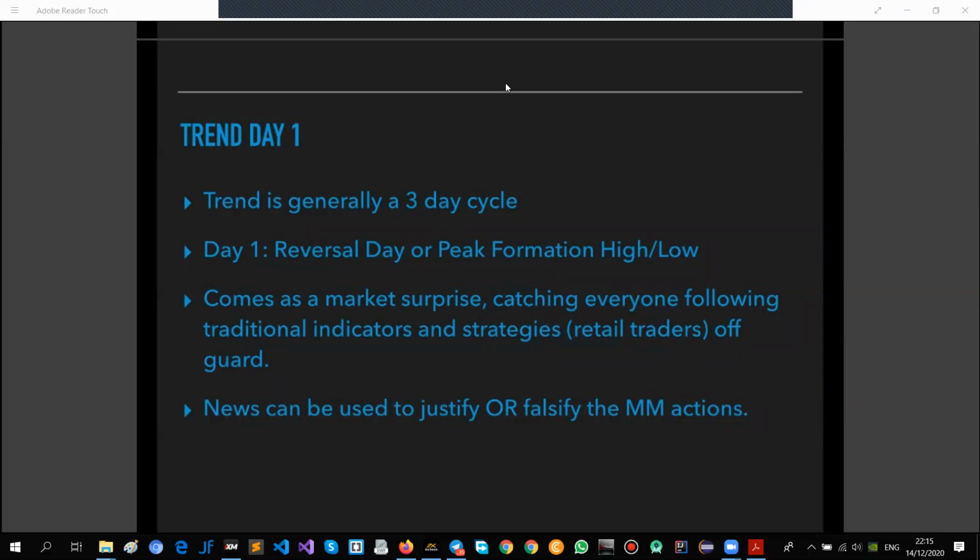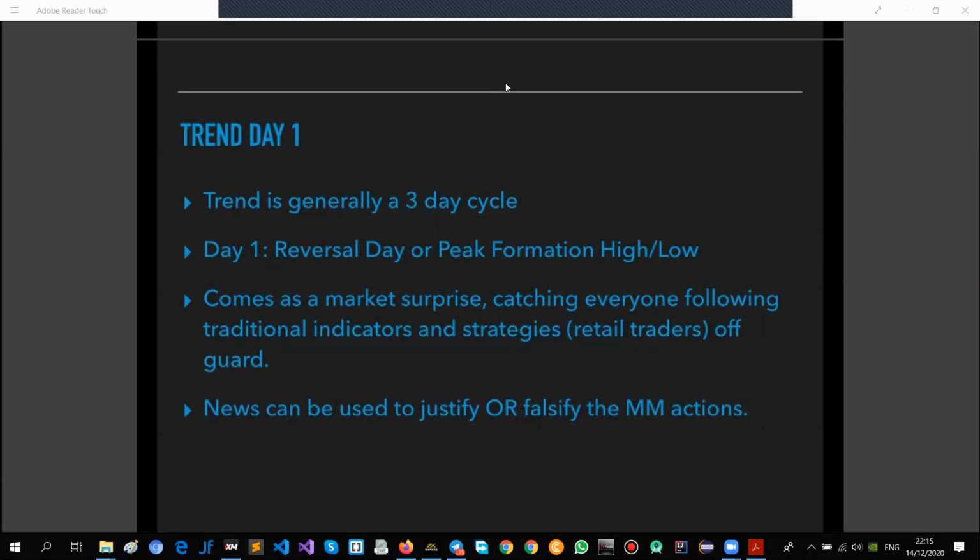During the first day, this day is usually the reversal day or the peak formation, high or low, and that's usually Mondays. That's where we experience either a reversal from the previous week's trend, or we are forming a peak formation high or a peak formation low for that particular week.